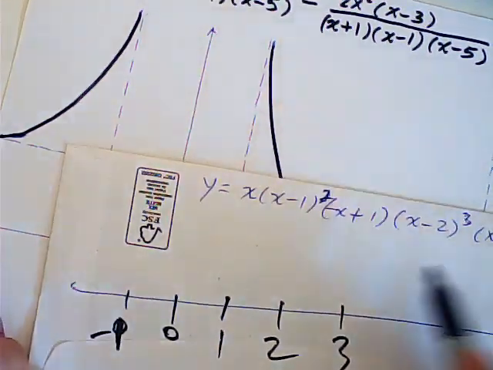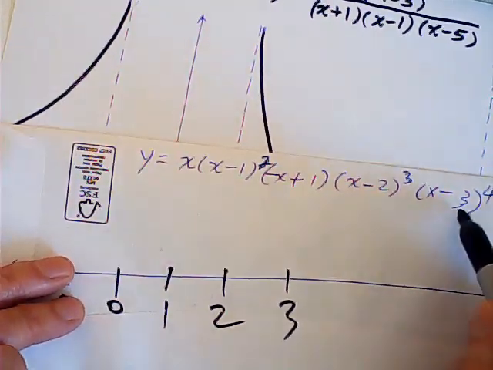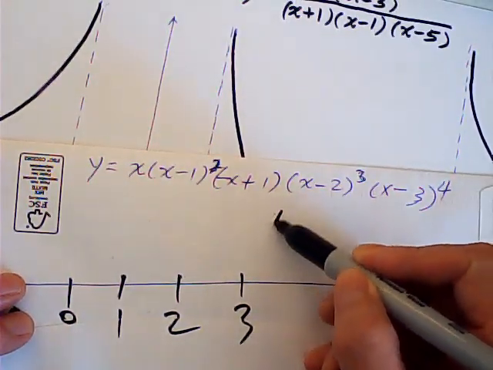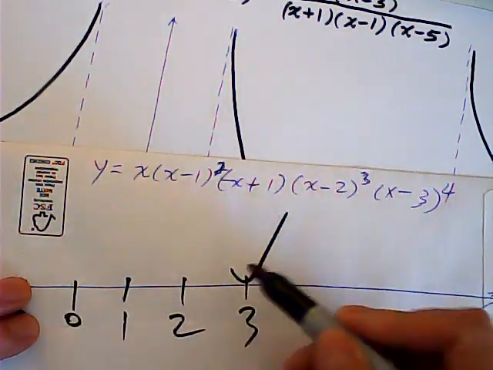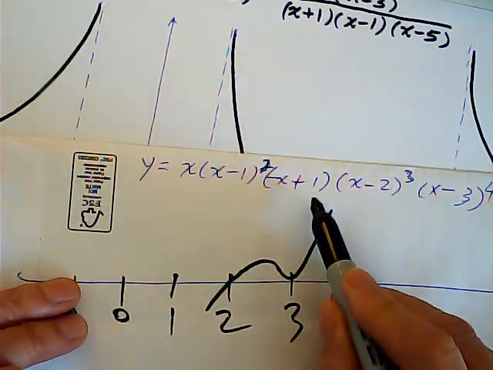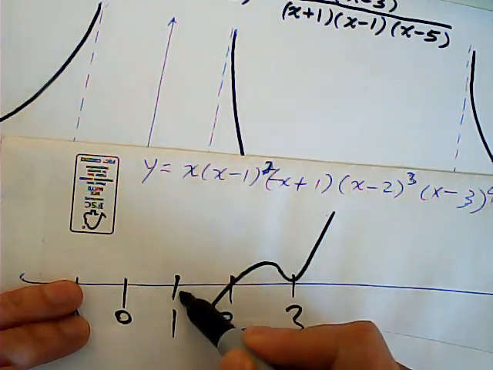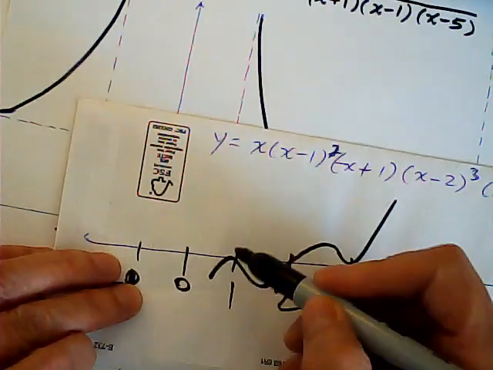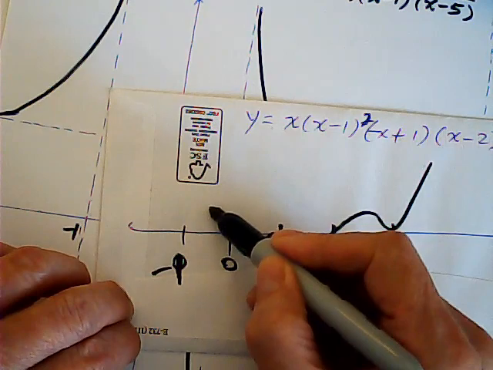So when x is approaching infinity, that's infinity. So the curve is somewhere here. 3 has an even power, so it touches, not crossing. 2 is a cube, so it's crossing. 1 is a square, so it's touching. 0 is a first power, so it's crossing. -1 is a square, so it's touching.